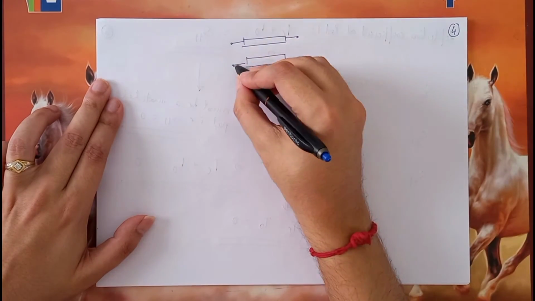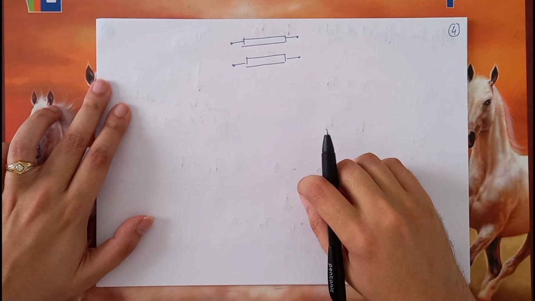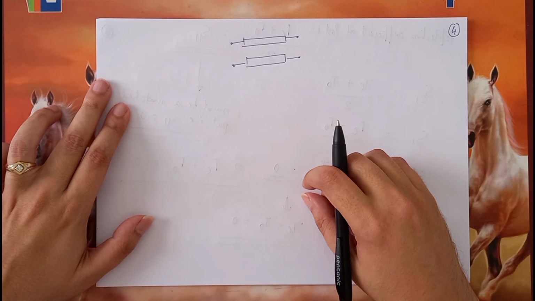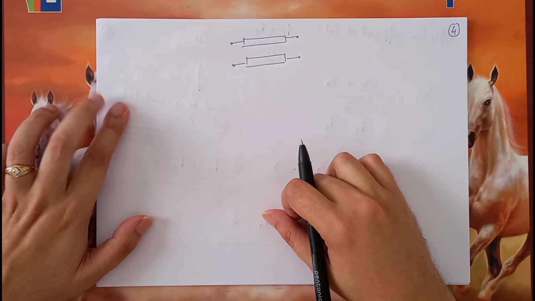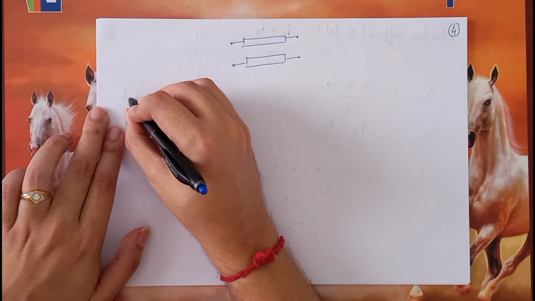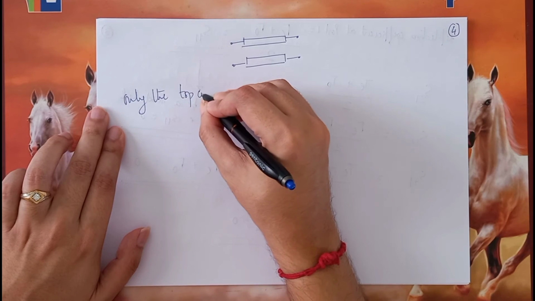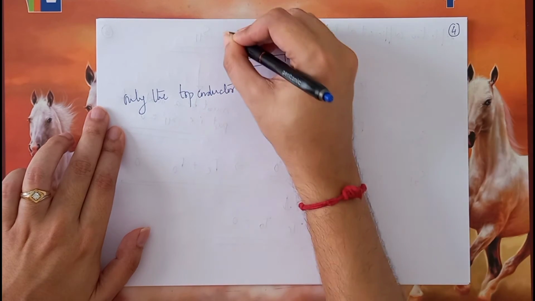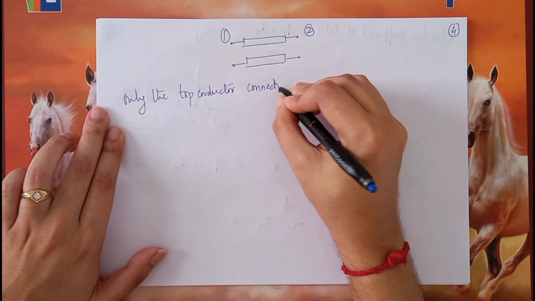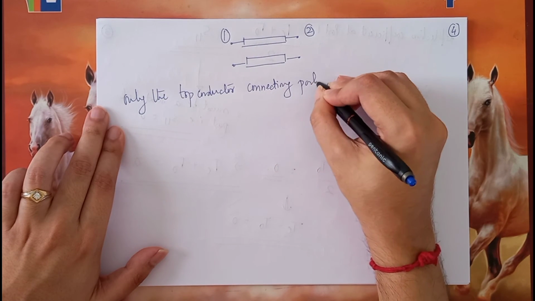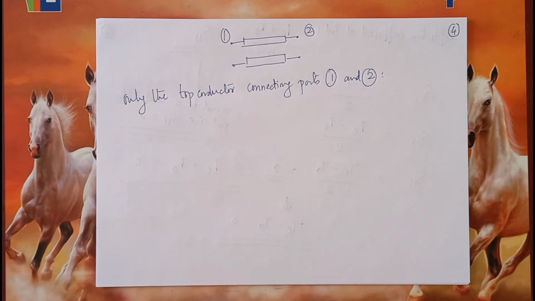We had said, although electromagnetically they are dependent on each other, we were indeed able to treat each line independently thanks to the even mode and the odd mode. So therefore, consider only the top conductor. Top conductor means the conductor connecting ports 1 and 2.